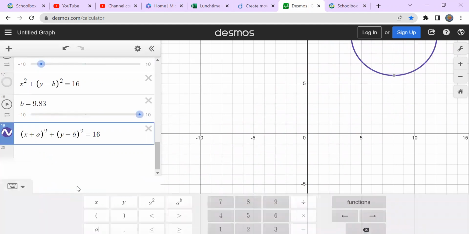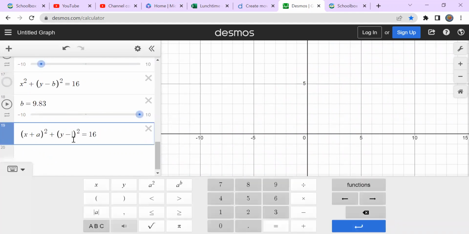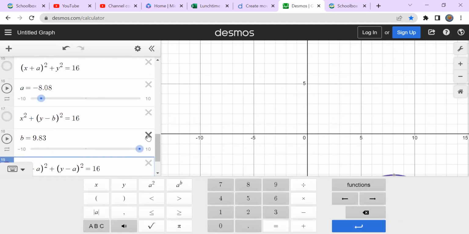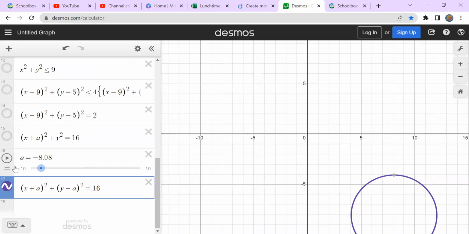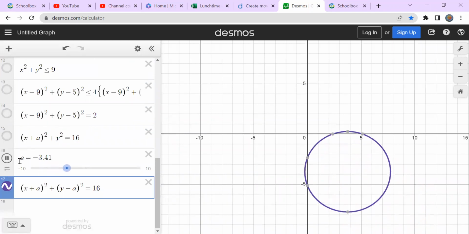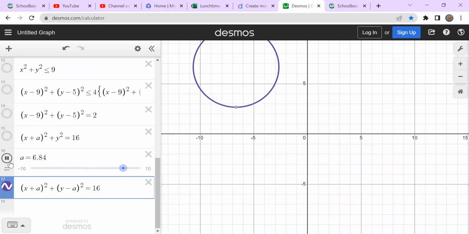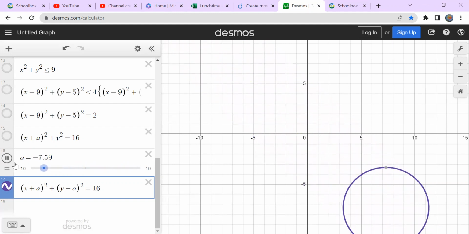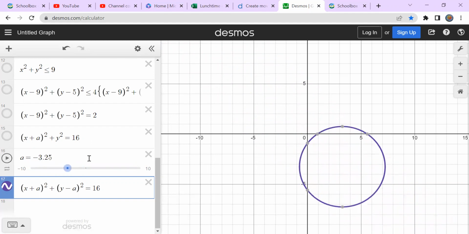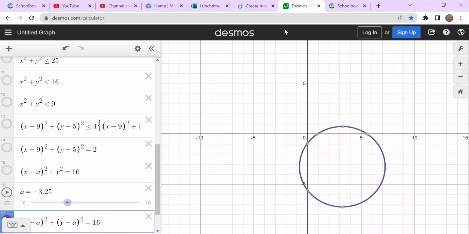So if you wanted to, I could make both the sliders A, and then I wouldn't even need that one. And then it's just moving in the same direction, the same amount as you go. Not very interesting. It's more interesting when they're different, I think. Okay, have a play.